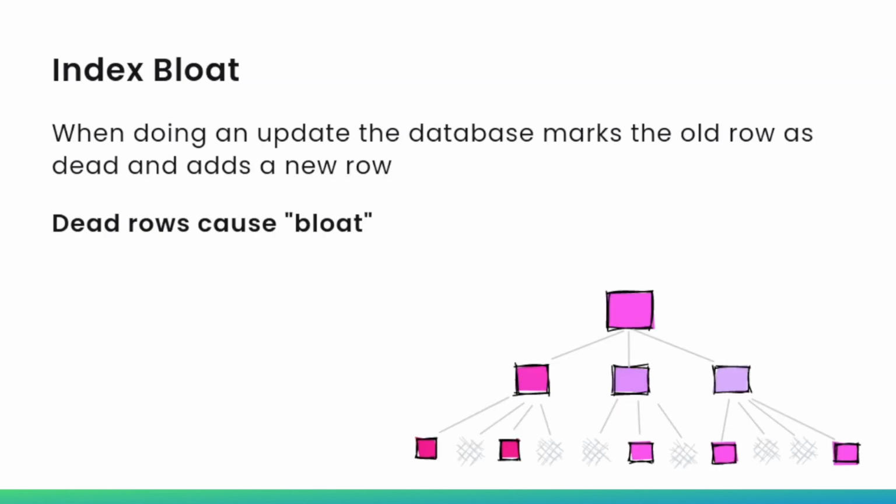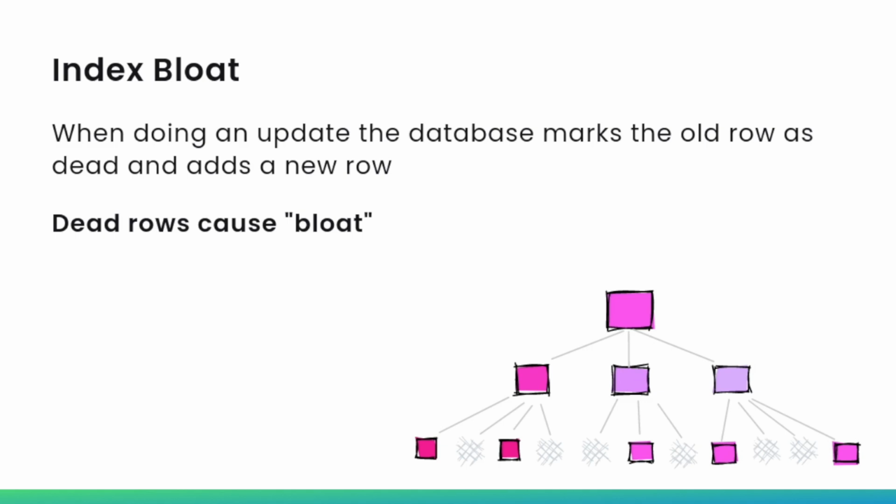So now I want to talk a little bit about index bloat. I'm going to talk about bloat just in the context of an index, but this is also relevant for tables as well. So when we update something in Postgres, what's going on behind the scenes is maybe not very intuitive.